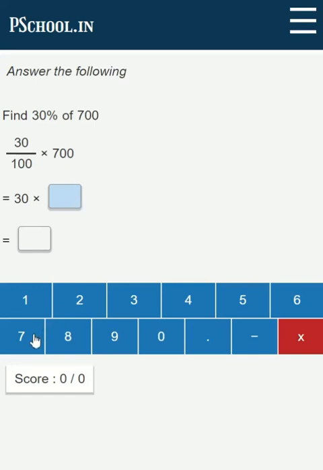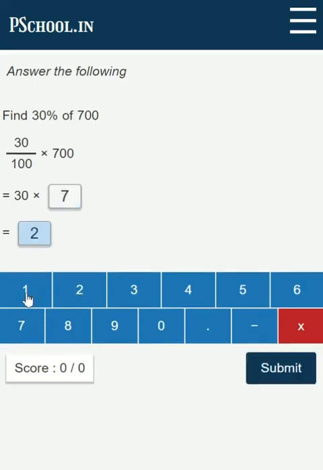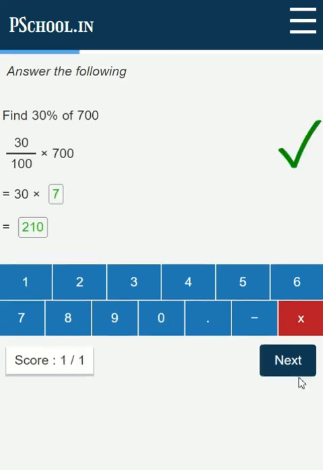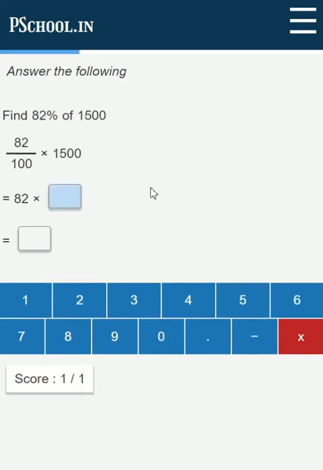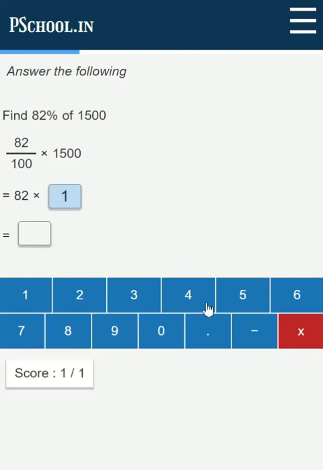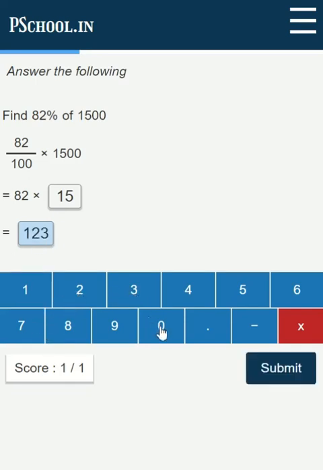So we get 30 into 7, which is 210. 82% of 1500. It should be written as 82 by 100 into 1500. The 2 zeros cancel out. So we get 82 into 15. Do the workout and find the answer. The answer is 1230.